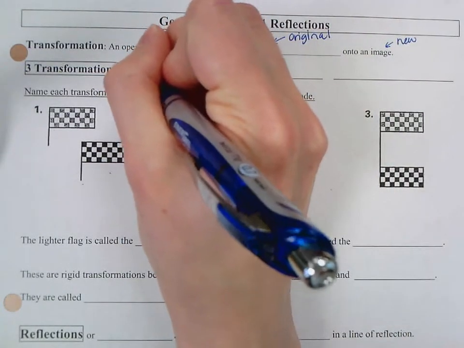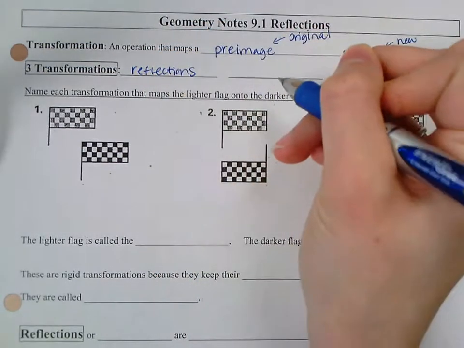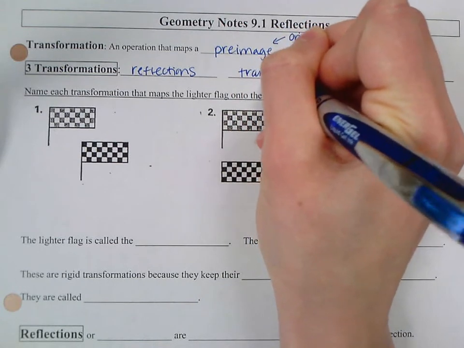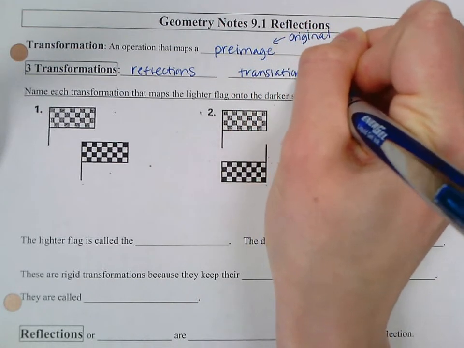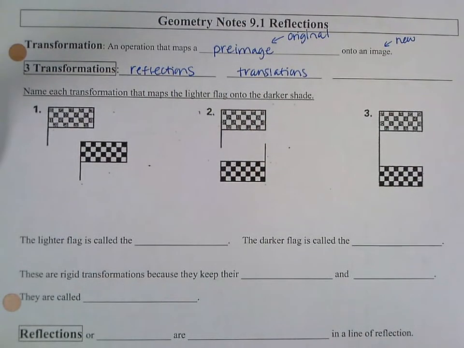And there's 3 transformations. Reflections is one of them. Another is translations. So reflections, you're reflecting the figure over some sort of line of reflection, line of symmetry.